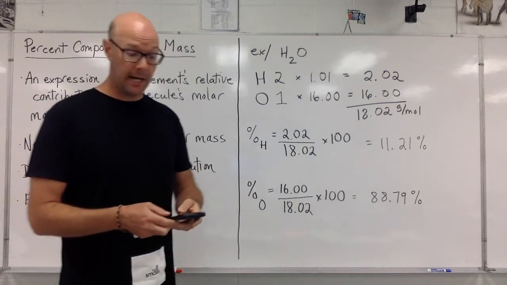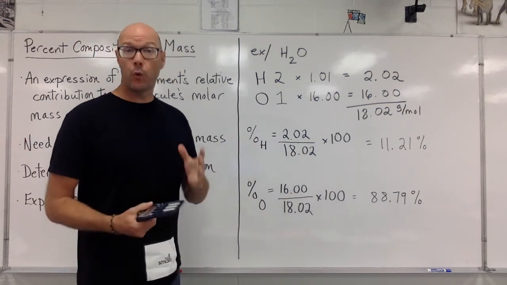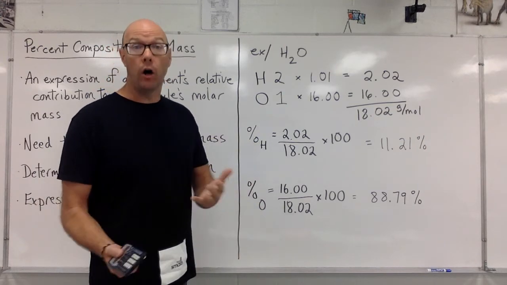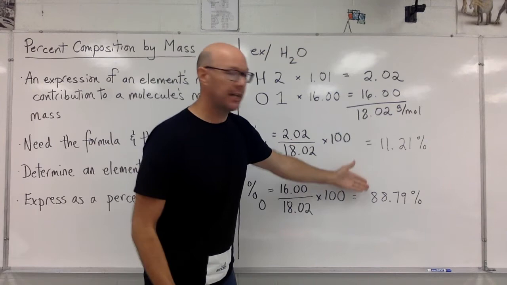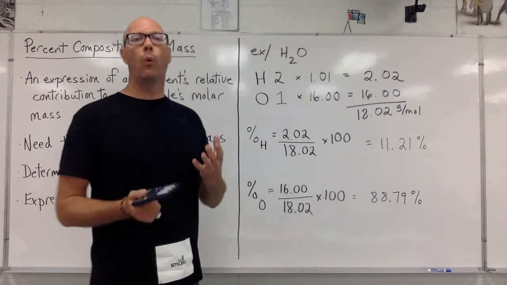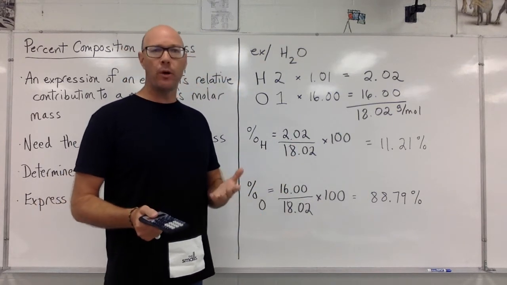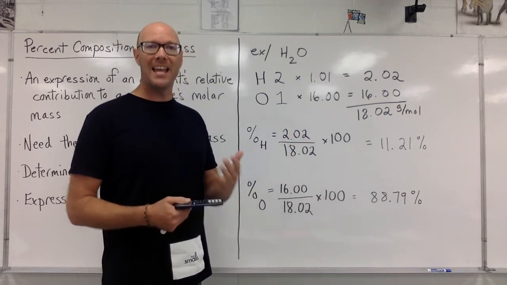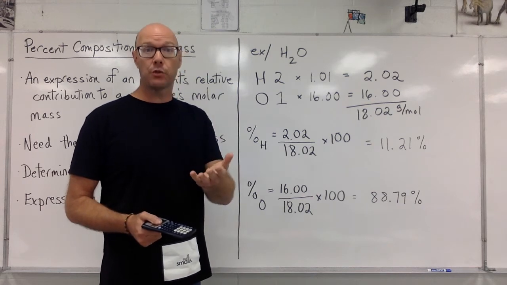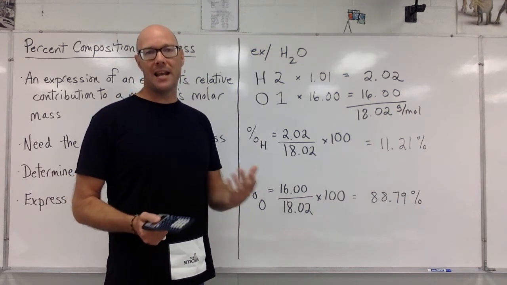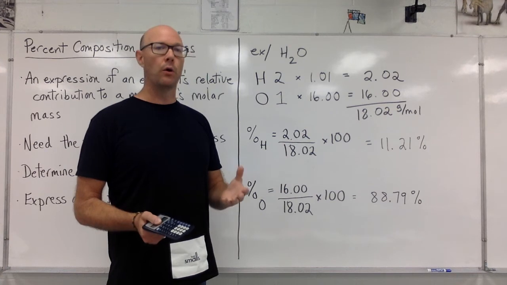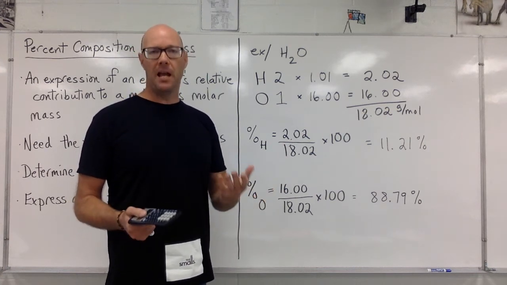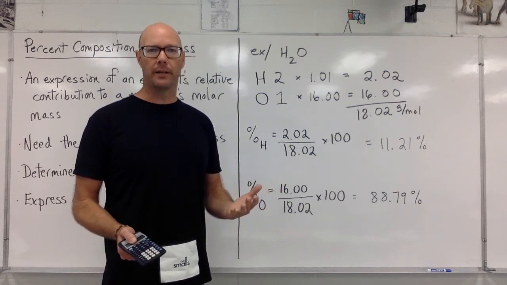A nice double check in the end is that if the question asks us specifically to work out the percent composition for all of the elements, the percentages that we have should add up to 100. Because we're doing some rounding to have our 2 decimal places, if we end up with the case where the percentages all add up to 99.99 or even 100.01, that's going to be okay. It might not always be a perfect 100 because we're doing some rounding.